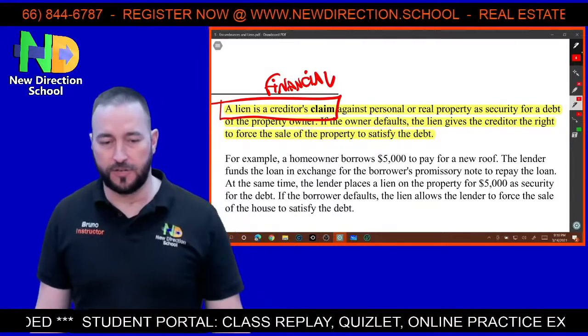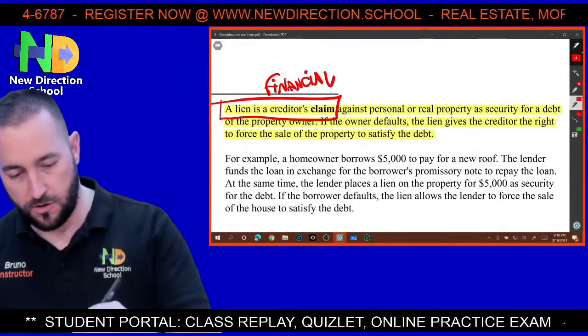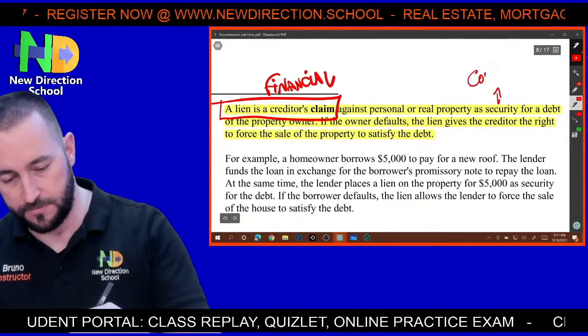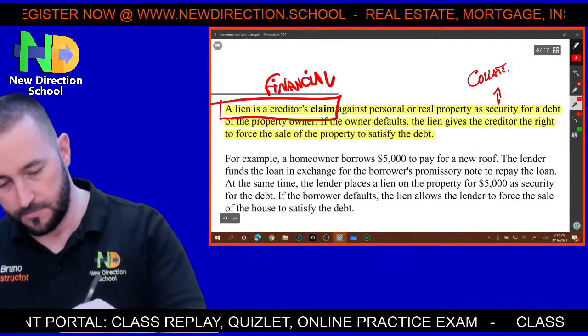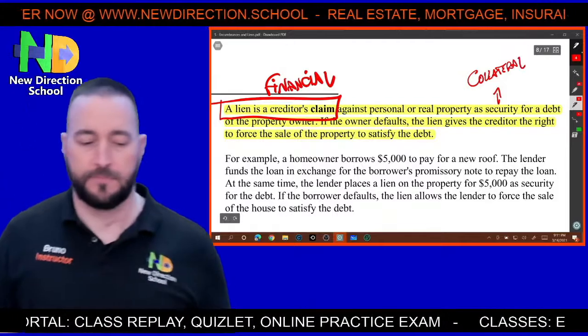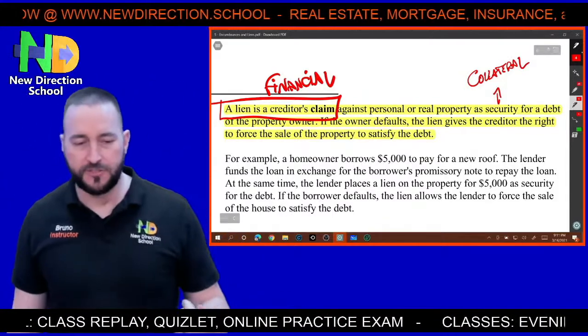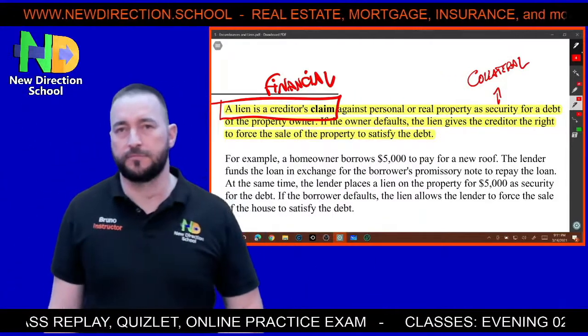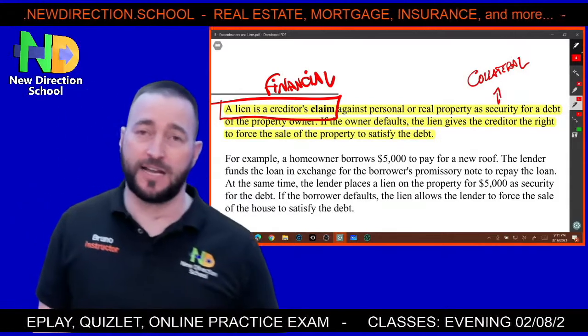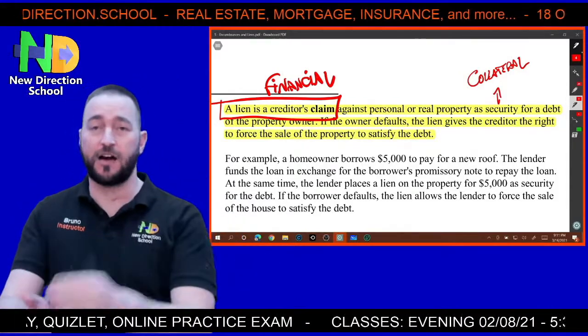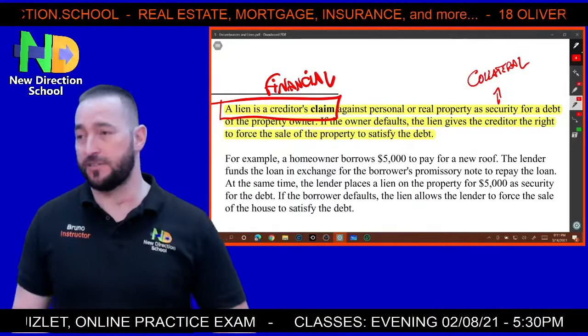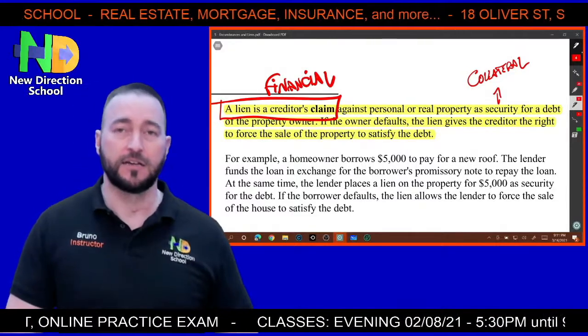Used as security, or also called collateral, for a debt of the property owner. Okay? You want money to buy the house? No problem. Let me put a lien against the house that you're buying. Your house is the security. If you don't pay us back, we'll keep your house.